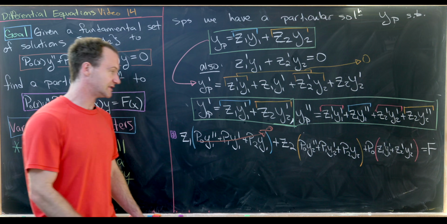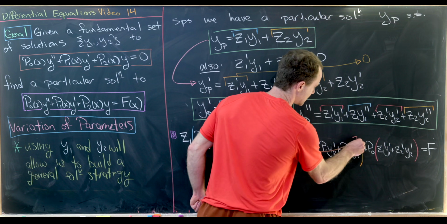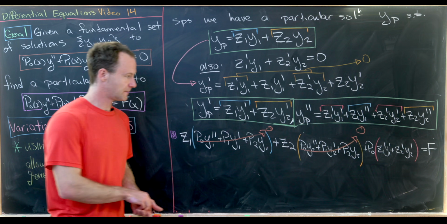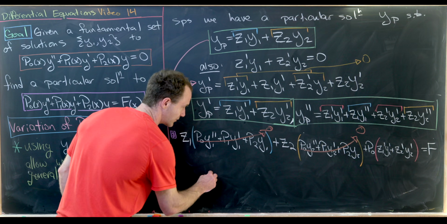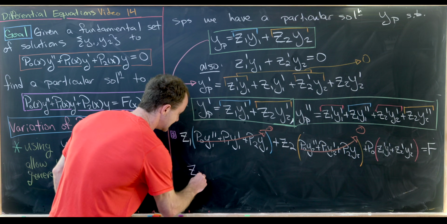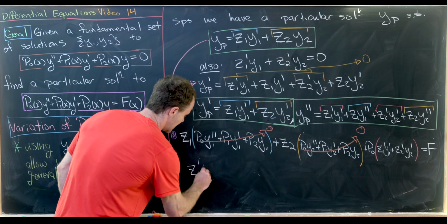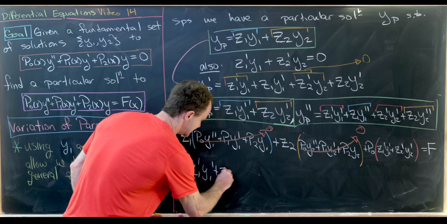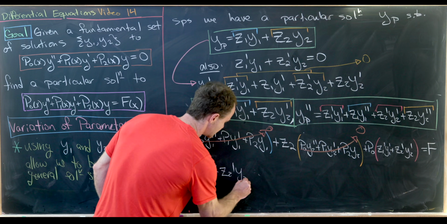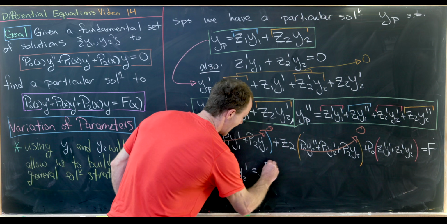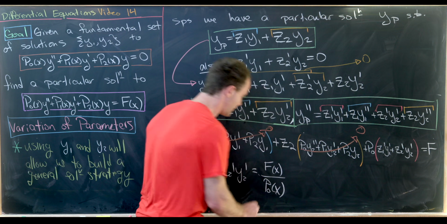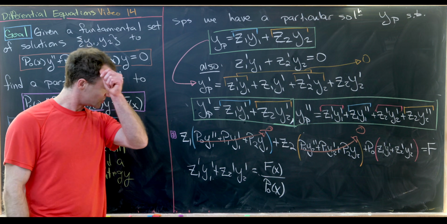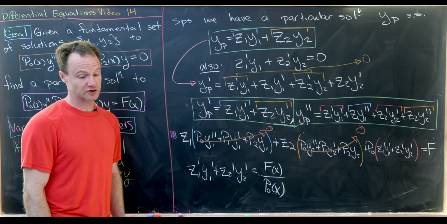So anyway, we've got 0 right there, and then this also condenses down to 0. But then that allows us to easily solve for this stuff in the red parentheses. So we've got z1 prime times y1 prime plus z2 prime times y2 prime equals f of x over p0 of x. I'll put my dependence on x back in just to recall that those are functions.